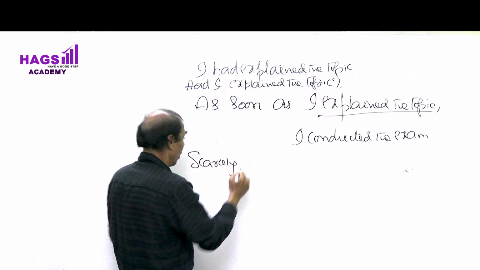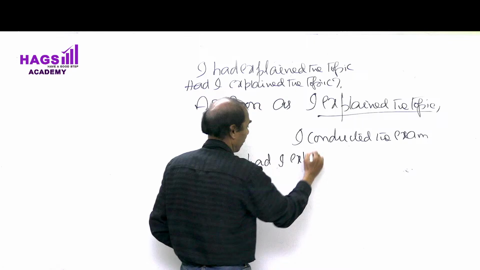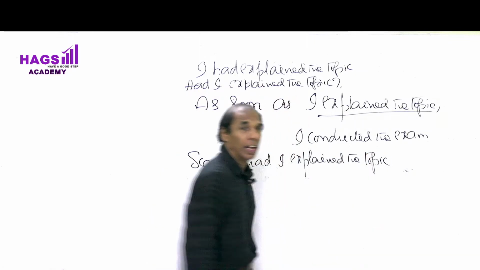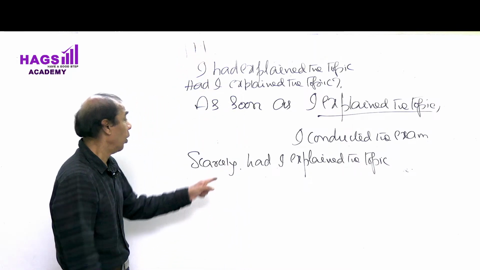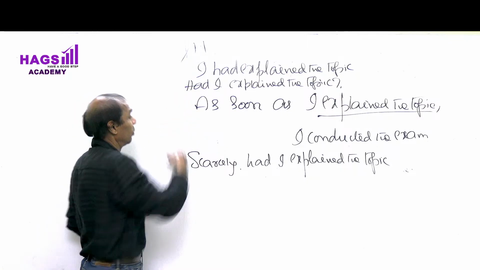Scarcely had I explained the topic. Scarcely had I explained the topic. Rule. How many rules? 1, 2, 3. What is the first rule? Put scarcely in the place of as soon as. We have done the first rule. Second rule.